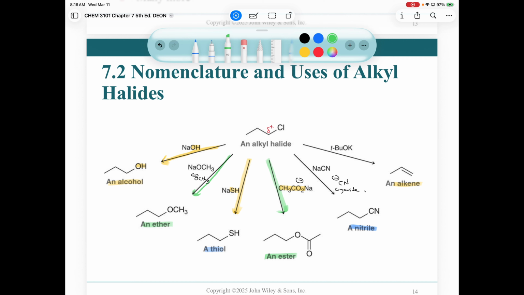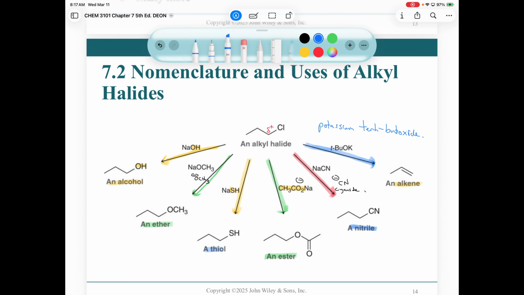You're like, oh man, it's like IR is rearing its ugly head, all these functional groups that we talked about in infrared spectroscopy. If we react with a cyanide, then we get what's called a nitrile. So remember, a nitrile, C triple bond N. And then if we react it with something like this, called potassium tert-butoxide, you end up with an alkene.